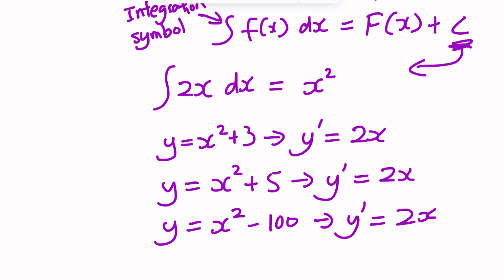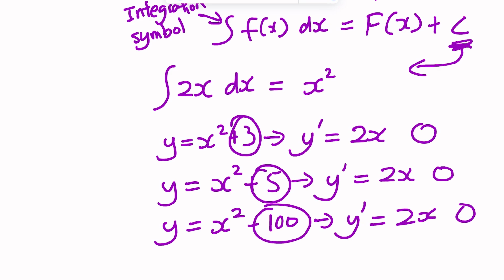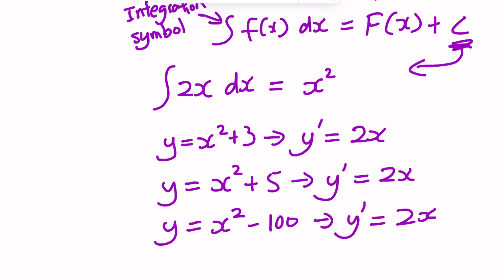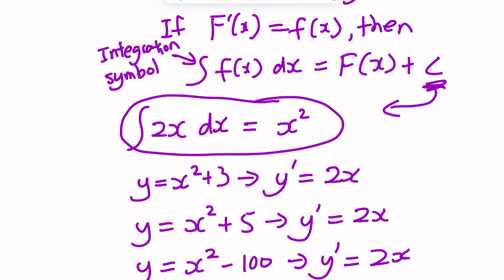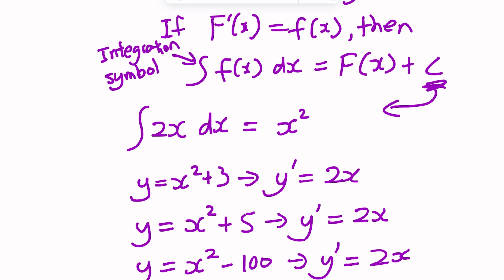And so what pattern do you see here? You can see that whenever we have a constant, that constant disappears when you derive. So that means that, let's say this is the original function. Let's go back to this process here. We want to find the integration of 2x. Basically, we want to find the original function.